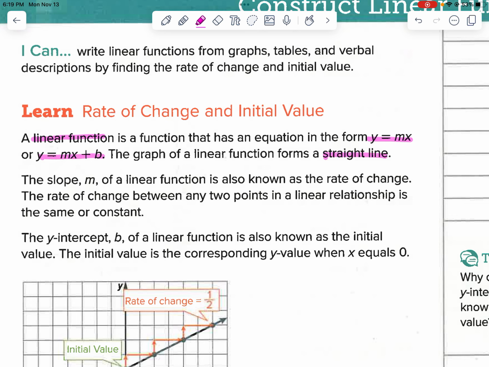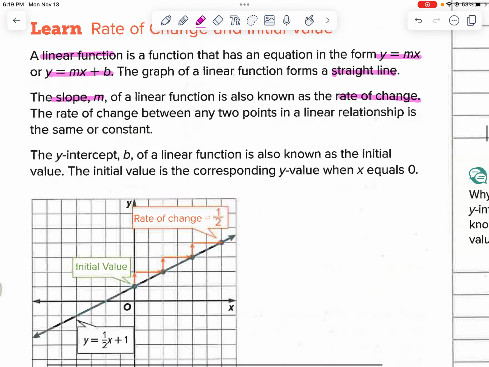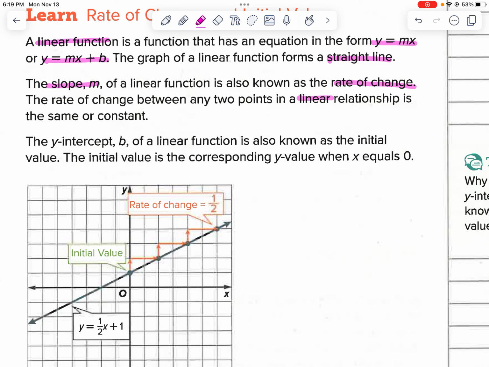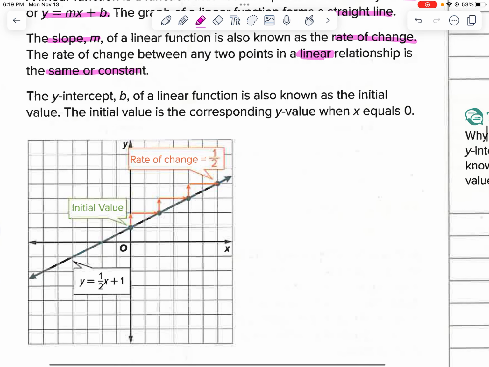It's a straight line that has the slope of m, which is the same as saying the rate of change. In order for it to be a linear relationship, it has to be constant the whole time. Then we have the y-intercept b that we've already talked about. That's where it hits the y-axis.